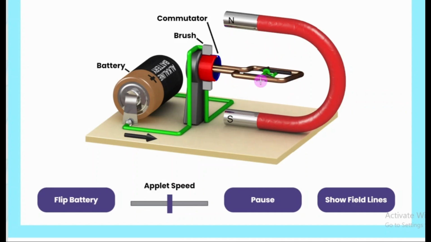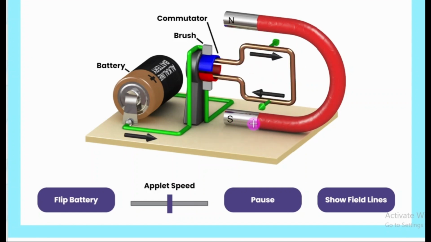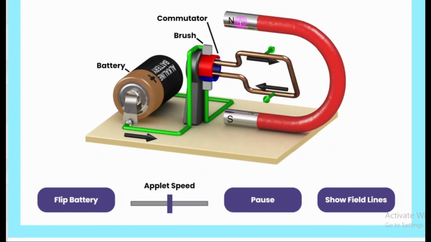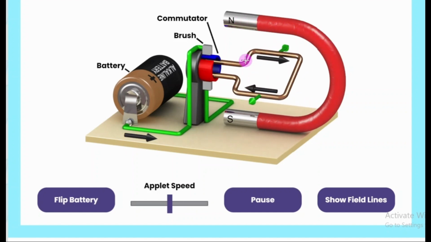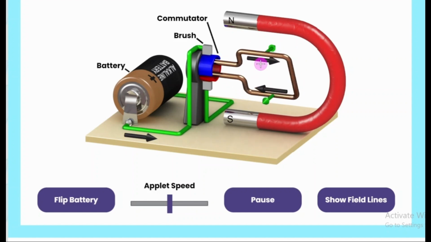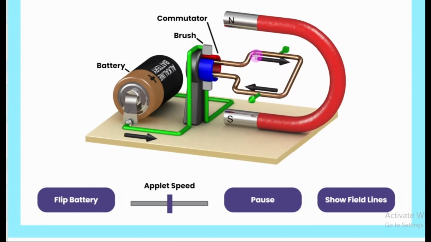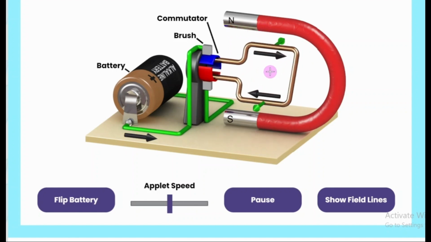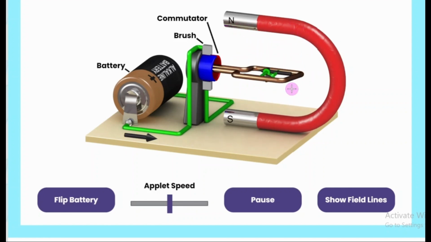The internal magnetic field of the conductor will interact with the external magnetic field of this horseshoe magnet, due to which some force will be exerted on this conductor, and due to which this conductor is rotating inside the magnetic field of the external magnet.